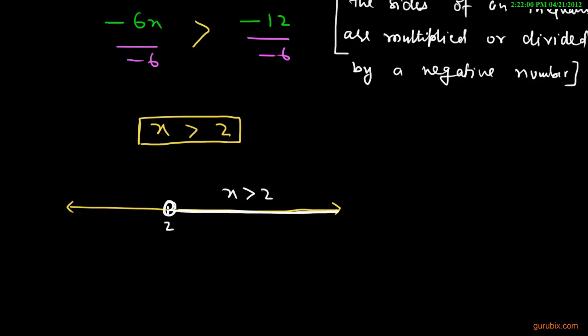So we shall draw an open circle here and write x belongs to 2 to positive infinity, and because 2 is not included, we use a small bracket. So this is the solution of the second part, and now we shall move to the third part.